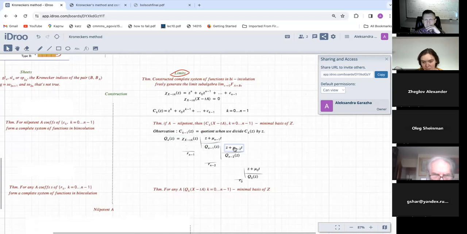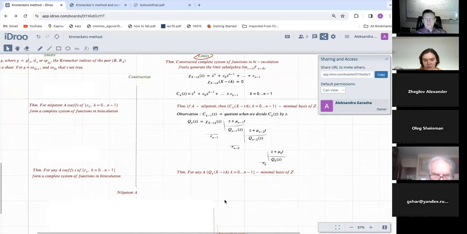Then we divide it once again, get a new quotient, and so on. Thus we obtain n quotients. And the theorem is that if we take these quotients and substitute X minus tA as the variable z, we will obtain a minimal basis of z.